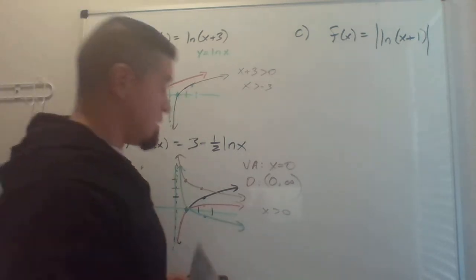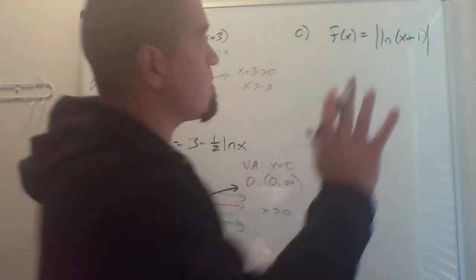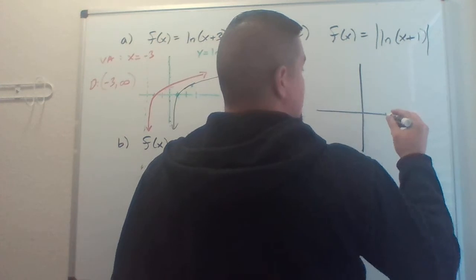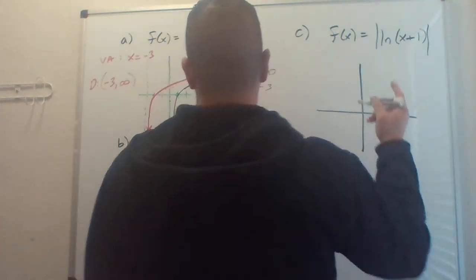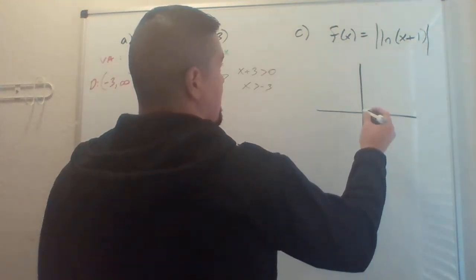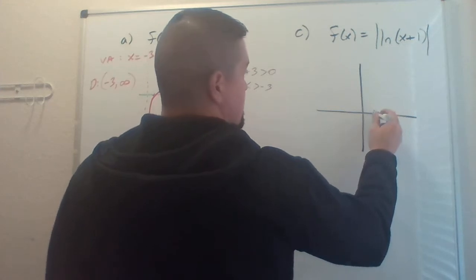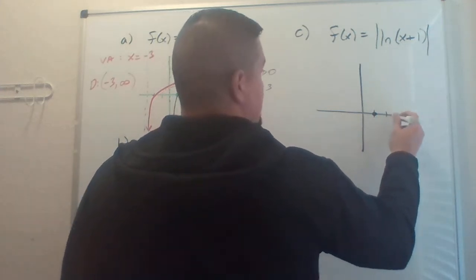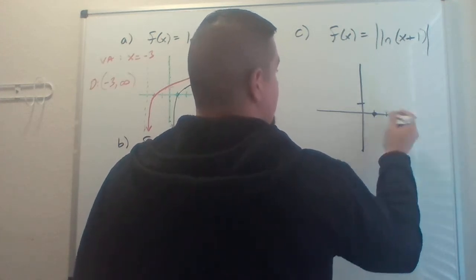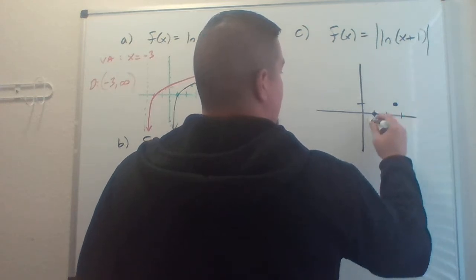Now, let's do this last one. And again, we have a natural log function. Let's deal with that at the end, but we want to graph some points. Again, the natural log function is natural log of x, and so we can start there. Natural log of 1 is 0. Natural log of e is 1. e is 2.71, so about right there.